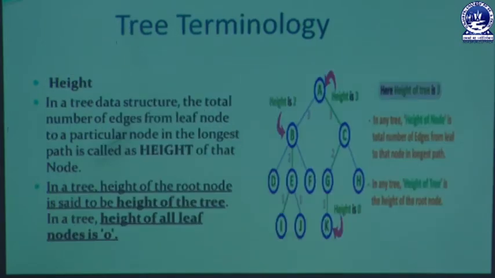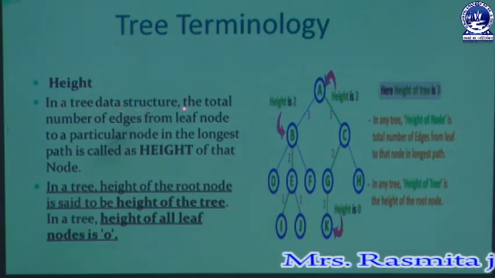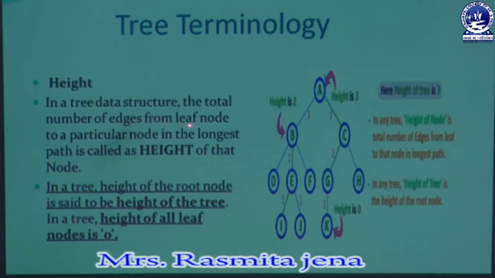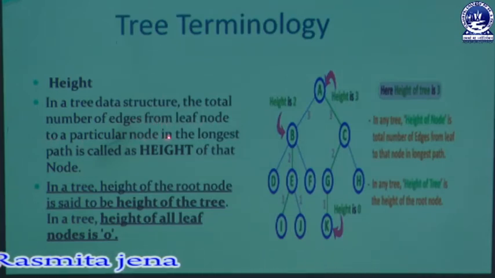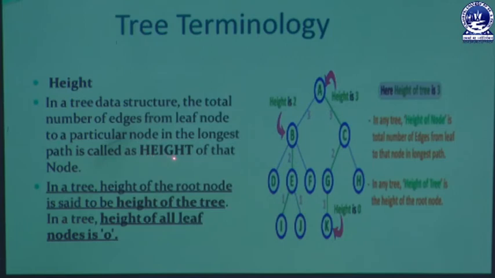Then next we have to know about the height of the tree. Height of a node in a tree data structure means the total number of edges on the longest path from a leaf to that particular node. You can see these are the leaf nodes. If I ask about the height, the total number of edges from a leaf node to that particular node, from I to E, then I can say that is 1.